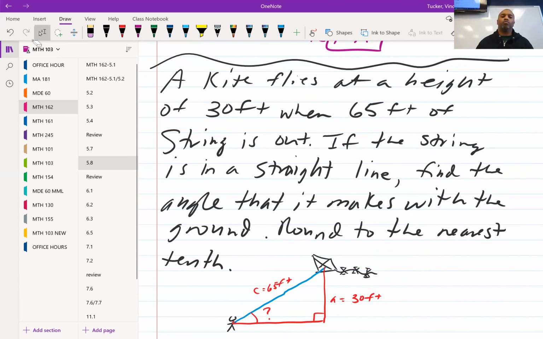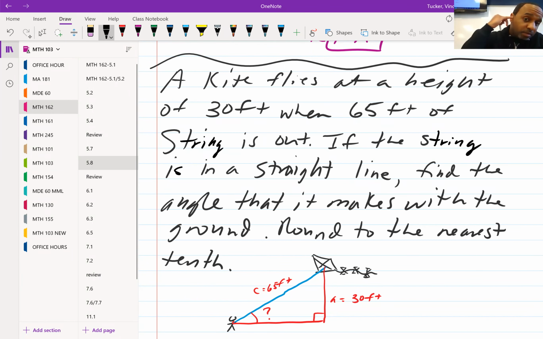All right. A kite flies at a height of 30 feet when 65 feet of string is out. If the string is in a straight line, find the angle that it makes with the ground.